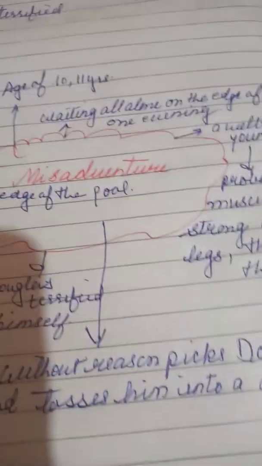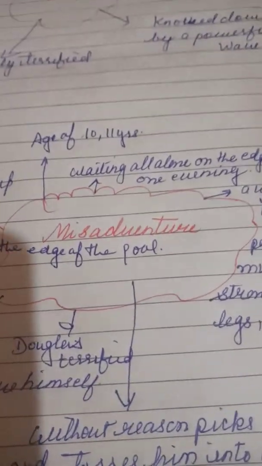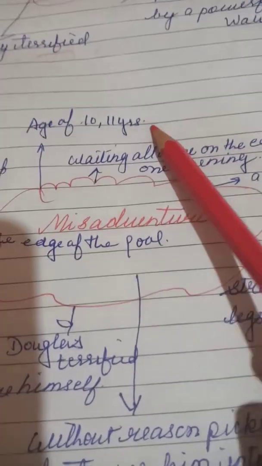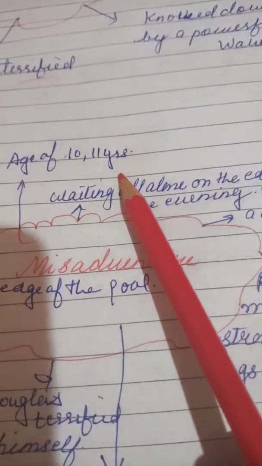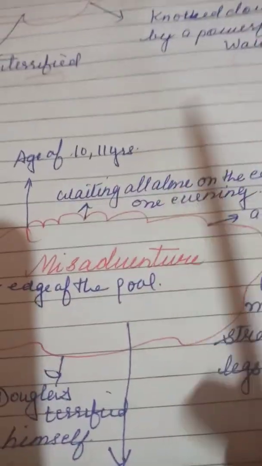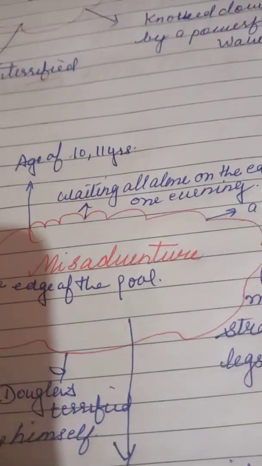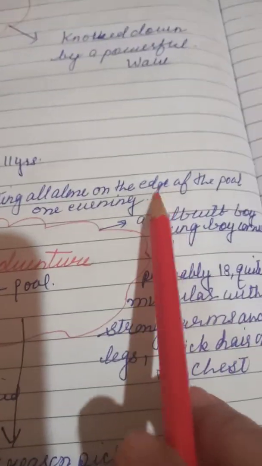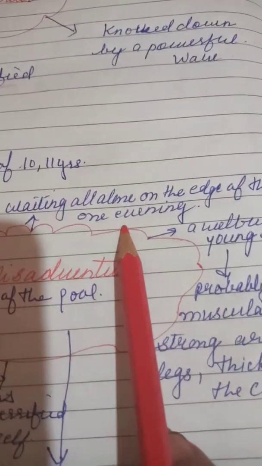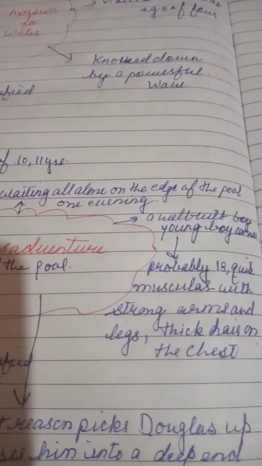Now, talking about the other misadventure that he had, when he was of age 10 and 11, he wanted to learn swimming. He was very desperate to learn swimming. So he went to a pool to learn to swim with his father, and once when he was waiting all alone at the edge of the pool one evening, he was waiting for his friends to come.